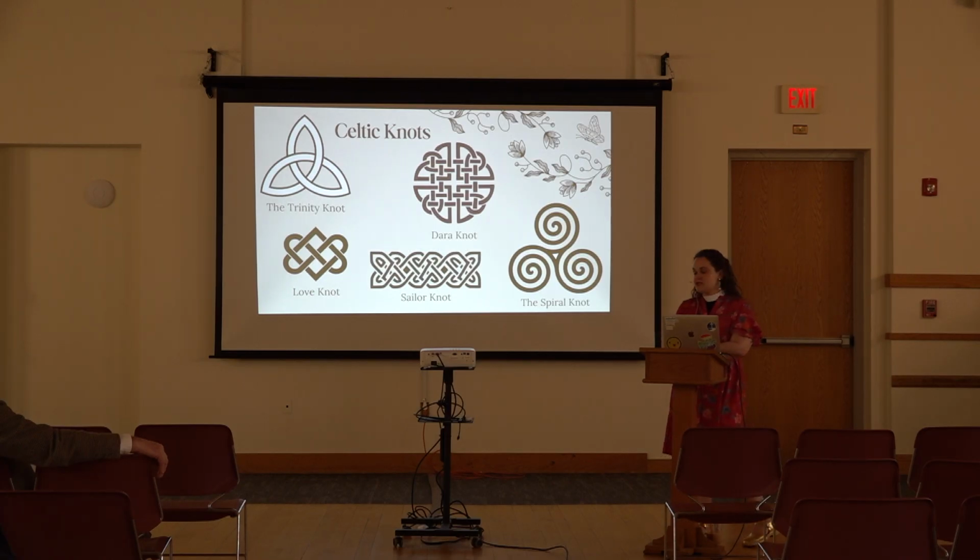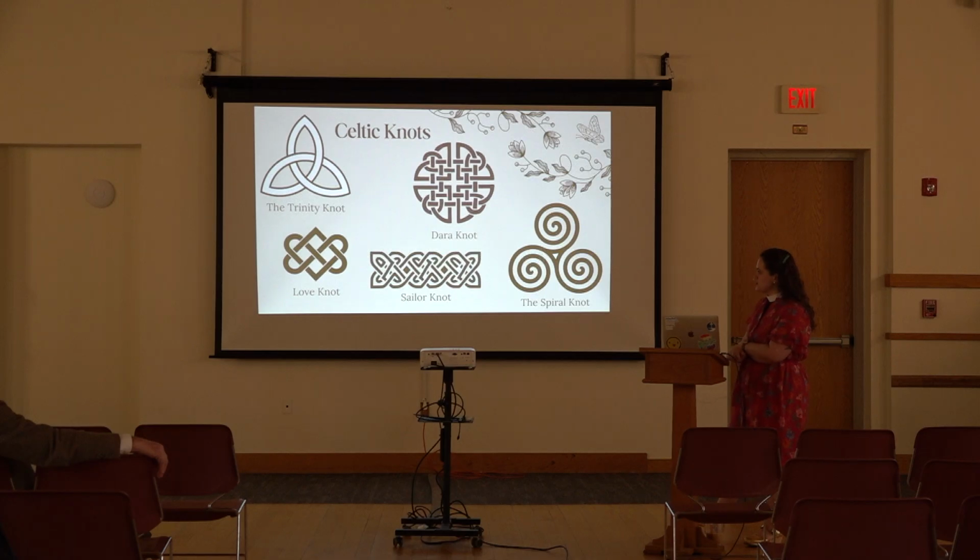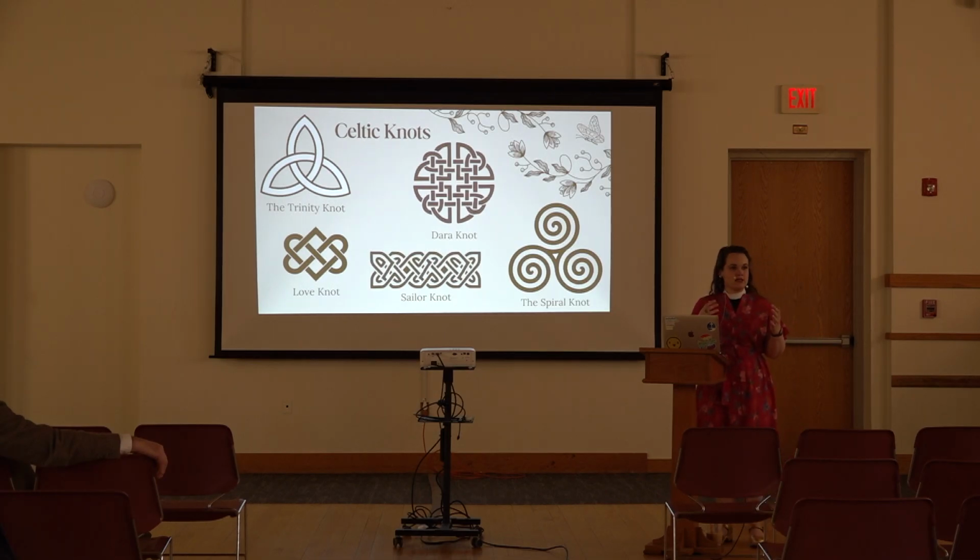The love knot is 2 interconnected hearts, as you can see, and it has no identifiable beginning or end. So it refers to the ways that love is eternal, and that there is a commitment in sharing love. Not necessarily just romantic love, love of all sorts.